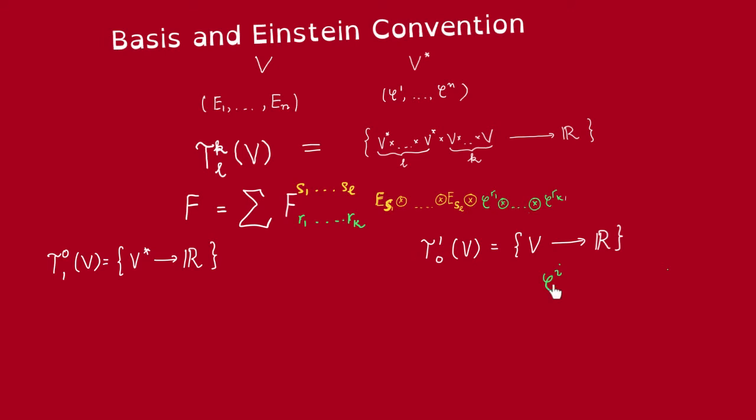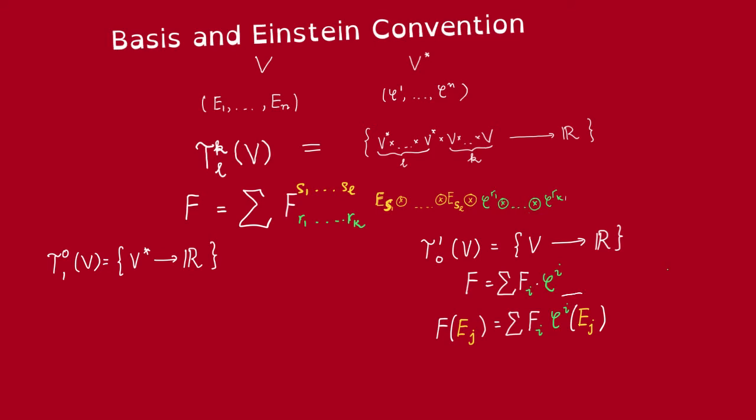Its basis is just v^i. Now, if I have a linear functional f, how do I find what its coefficients are with respect to this v^i? Well, a linear functional, a covector, is completely determined by what it does to the basis elements of E. So let's look at what it does to these e_j.